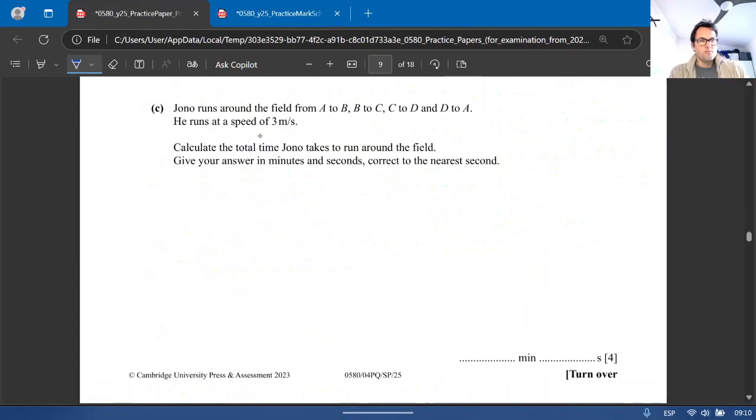Anyway, question C. Jono is running around the field, chasing sheep maybe, I don't know why. He runs at a speed of 3 meters per second. So, meters per second, which means meters per second.